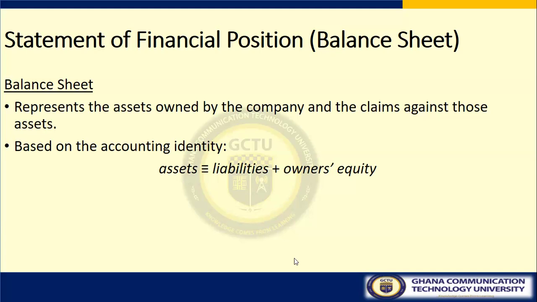So the balance sheet shows these three items. All the company's assets are recorded in the balance sheet, all the company's liabilities are also recorded in the balance sheet, and all the company's owner's equity is also recorded in the balance sheet. So these are the three pieces of information you find in the balance sheet.